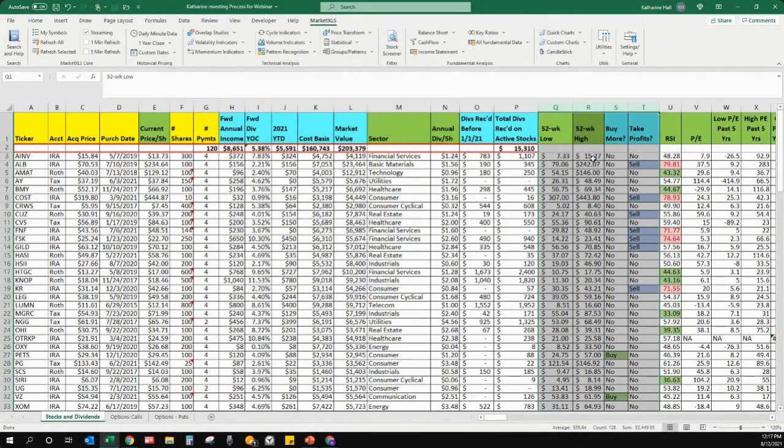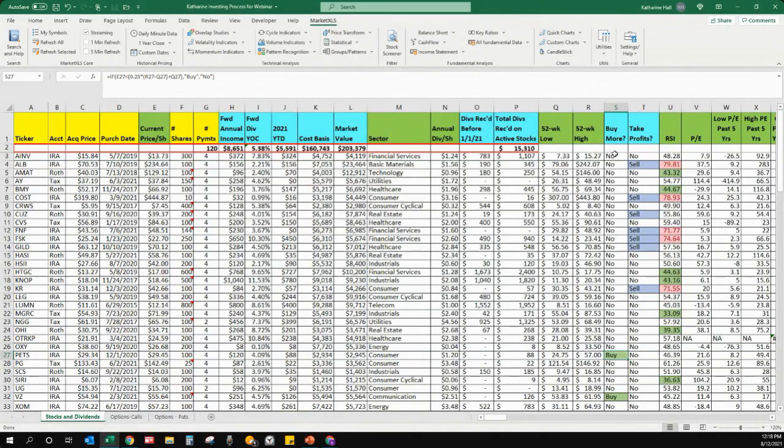the 52-week low and high, I pull in from MarketXLS. And then I have a little bit of a calculated logic statement, very simple because I can't do complicated logic statements. This is basically saying if the current share price is less than 25% of the distance between the 52-week low and high, then I want this to light up and say buy.